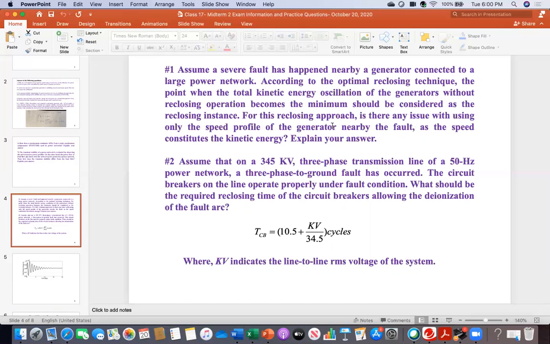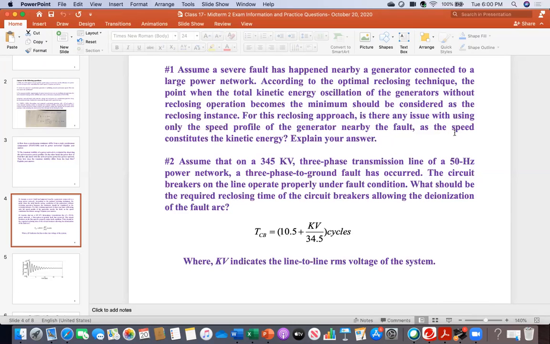Now, for this reclosing approach, is there any issue with using only the speed profile of the generator nearby the fault, as the speed constitutes the kinetic energy? I mean, instead of the total kinetic energy response, if I just look at the speed profile of the generator nearby which the fault happened, what is the issue?